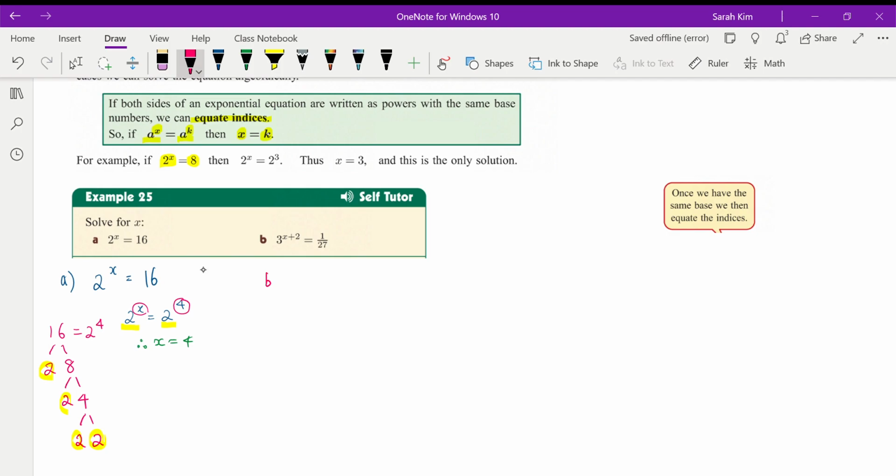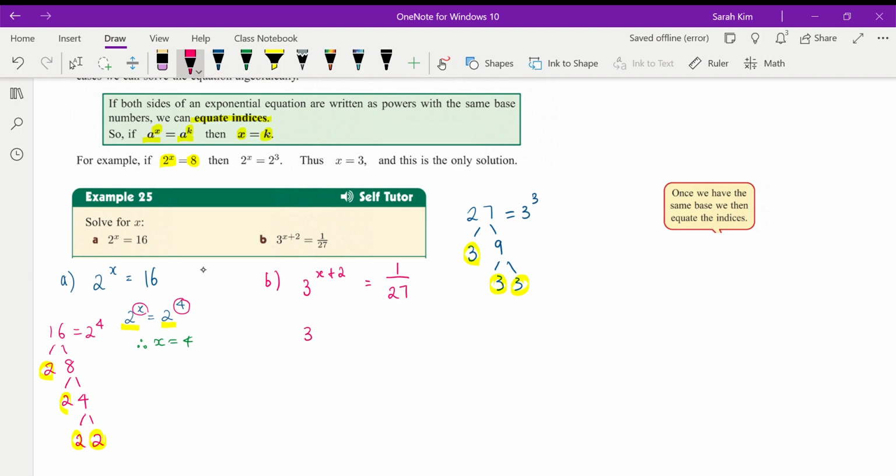Let's have a look at b. I've got 3 to the power of x plus 2, so it's getting harder already. And I've got 1 over 27. Let's have a look at 27. 27 should be able to be written with a different base. So 3 times 3 times 3, so 3 to the power of 3.